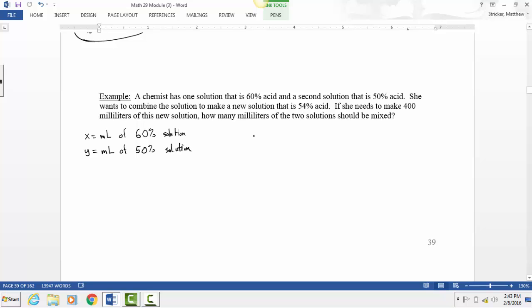And I always like to draw a diagram for these. So if you have a solution that's in a cup, this one's the 60% stuff, and then we have the 50% stuff, a little bit more diluted, and we want to mix those together, add a little bit of this and a little bit of that to get a mixture.